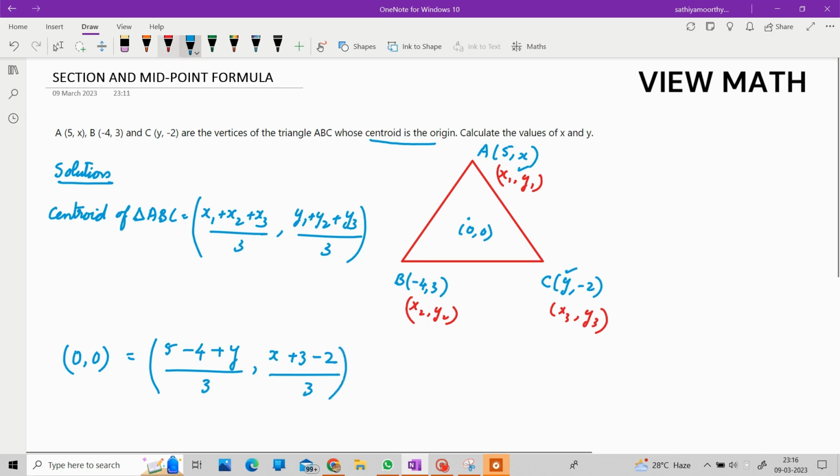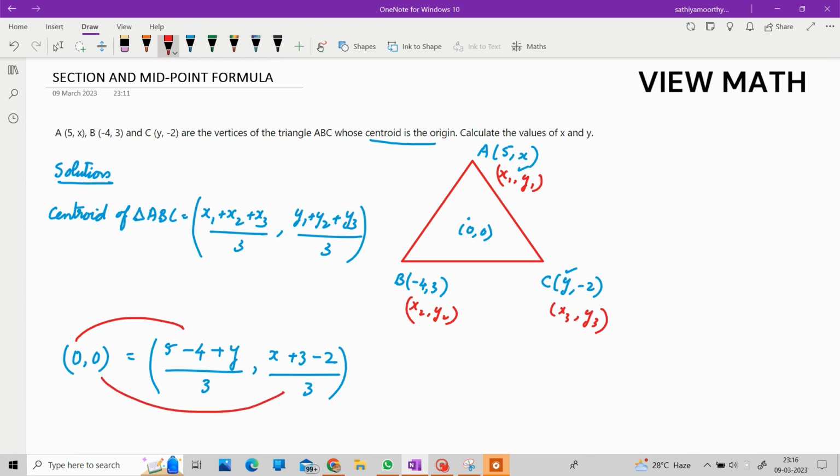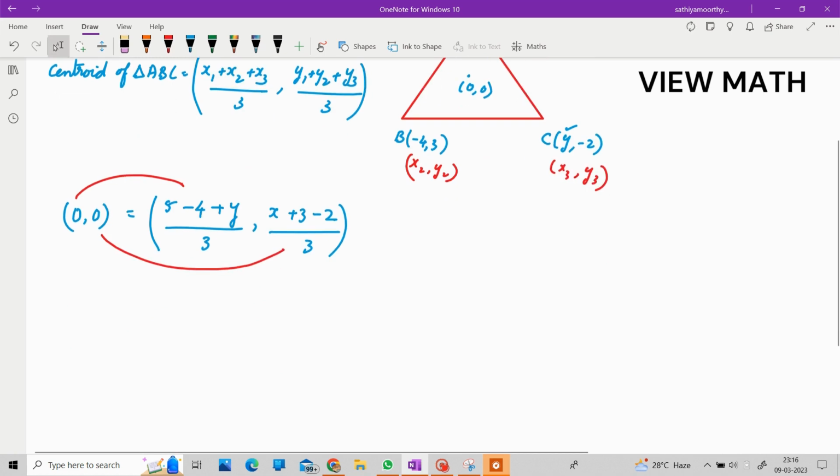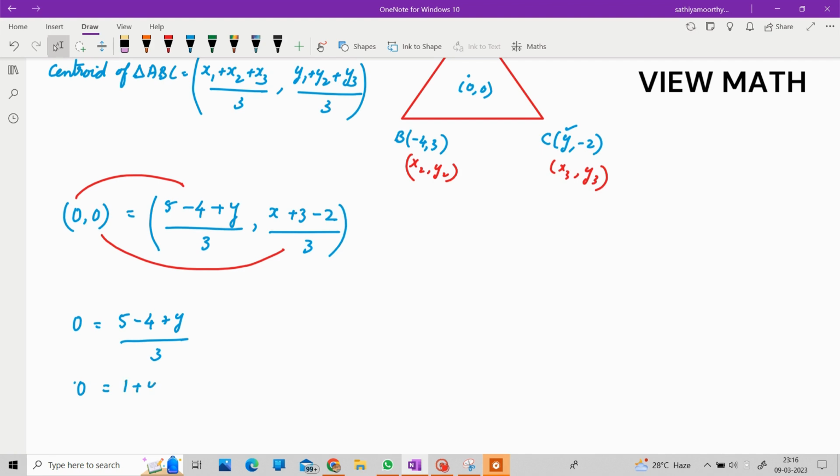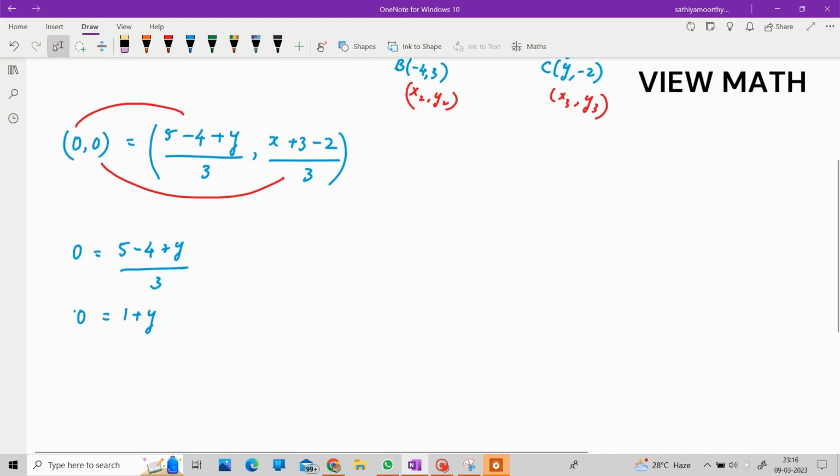Now let me equate the x coordinate and y coordinate to find out the unknown value. So let me equate the x coordinate first. If I equate the x coordinate, I am getting 0 is equal to 5 minus 4 plus y by 3. Let me simplify. If 3, I bring it to the other side, 0 into 3 is 0 is equal to 5 minus 4. 5 minus 4 is 1 plus y. Therefore, 1, if I bring it to the other side, it becomes, therefore, y is equal to minus 1.